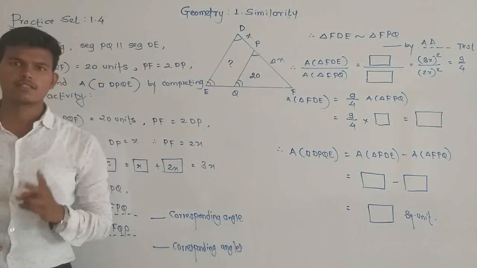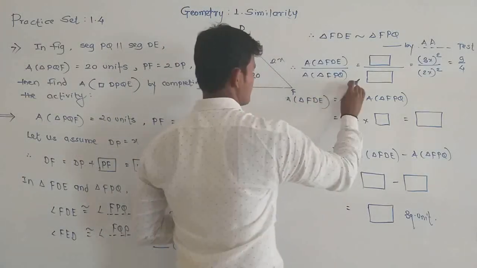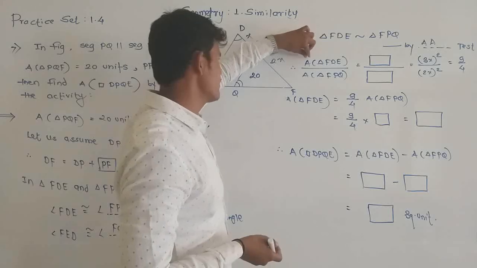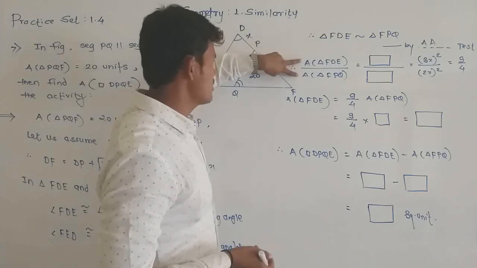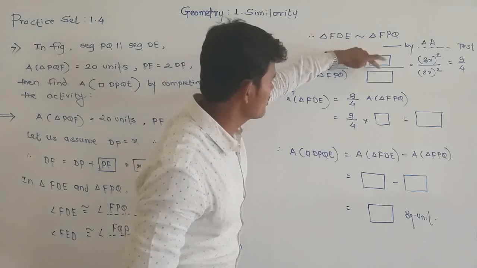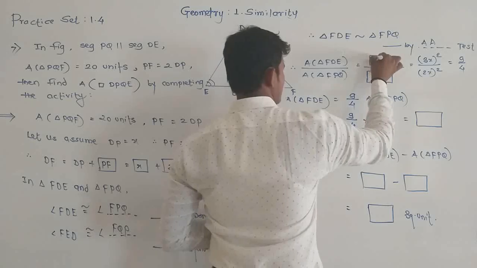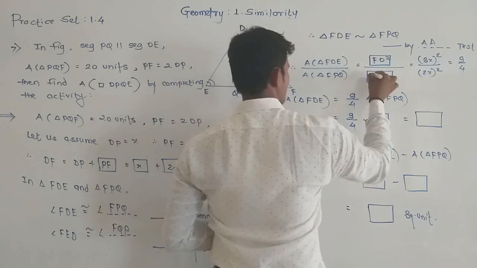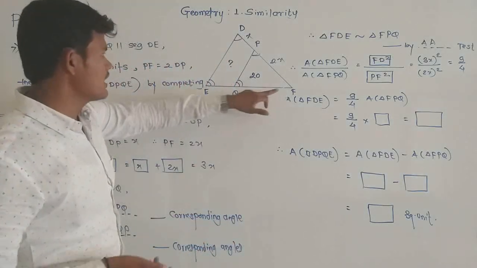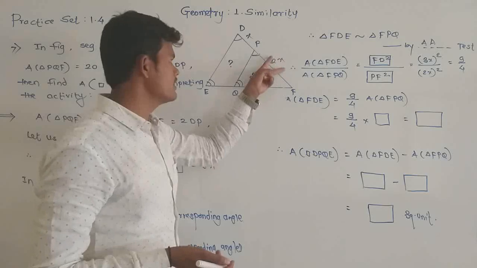Once two triangles are similar, we apply the theorem of areas of similar triangles. By using the ratio of areas of similar triangles, the ratio of areas of two triangles is equal to the ratio of the squares of their corresponding sides, that is FD square upon PF square. We know that the length of DF is 3x and the length of FP is 2x.